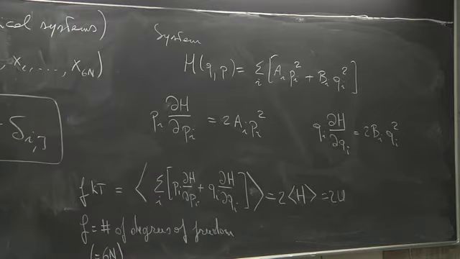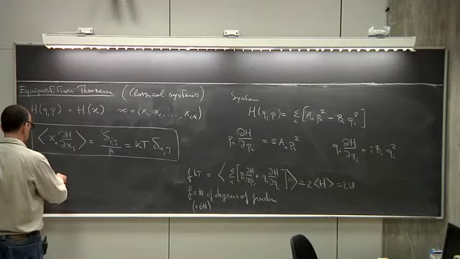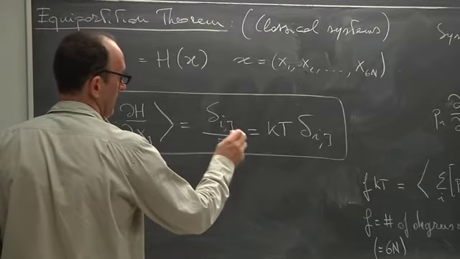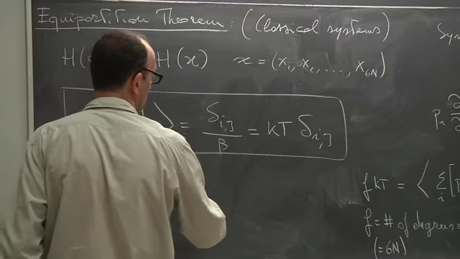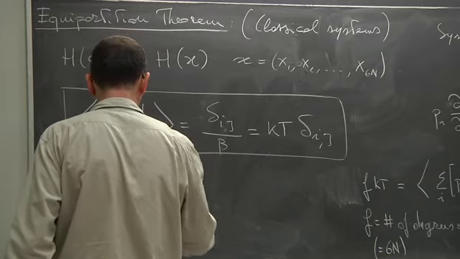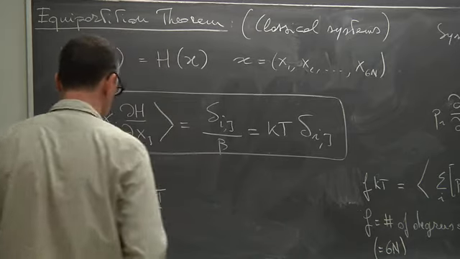Okay. So what this tells you is that for this system, the average energy is F times kT divided by 2. Okay.